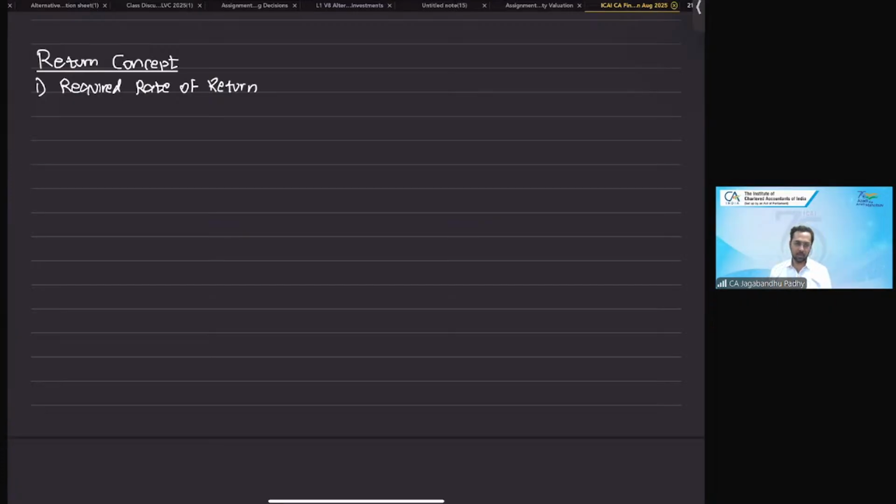So required rate of return is essentially the opportunity cost of capital. Had I not invested over here, had I put the money somewhere else at a similar risk, what's the rate of return that we would have earned, right? So this required rate of return is essentially taken to be a discount rate.